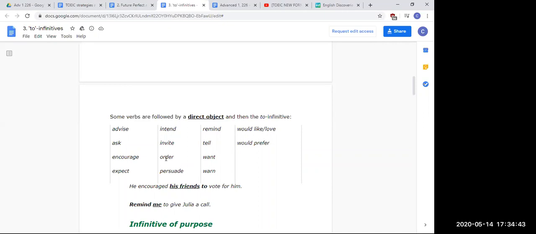Or the teacher ordered them to be quiet. Reminded his wife that it was their anniversary the next day. Or he reminded her that it was their anniversary the next day. So we can use the direct object pronouns.